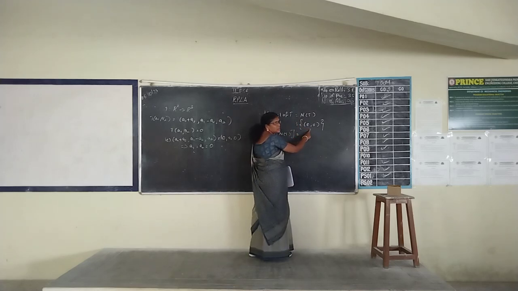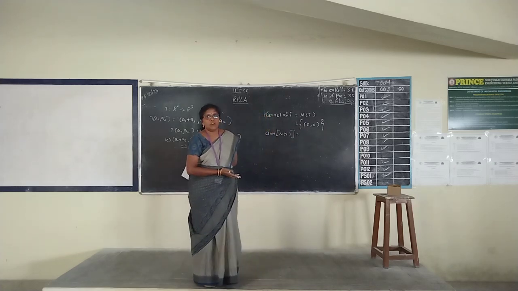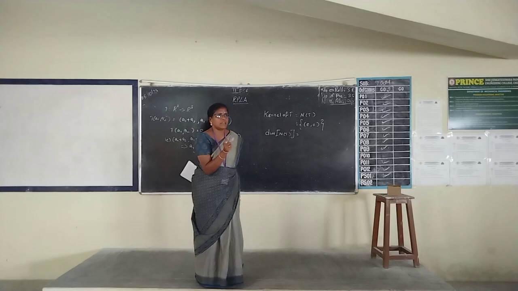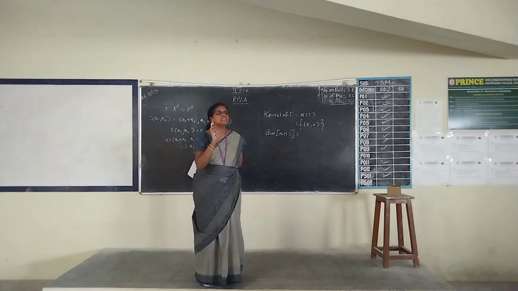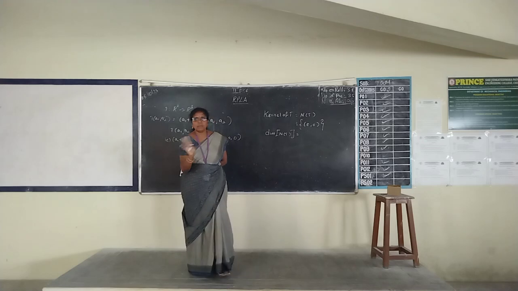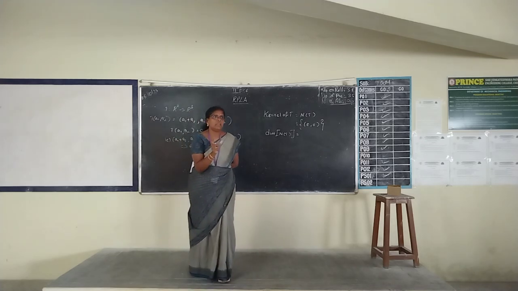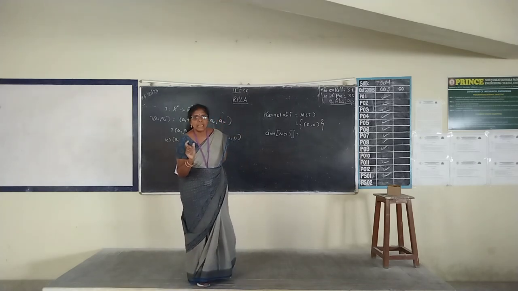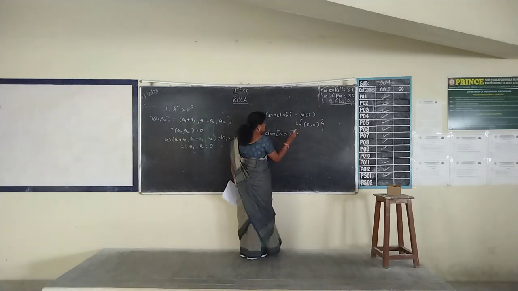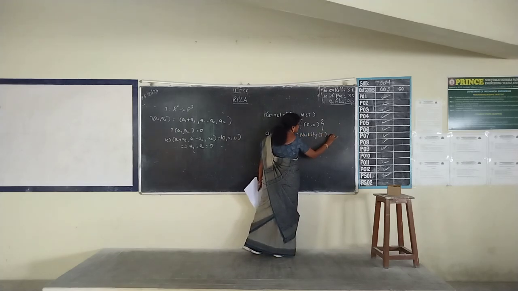Only one element. What type of element is this? The 0 element. Our set has only the 0 element, so its dimension is 0. The 0 element is not considered as an element for dimension. So dimension of N of T, which is nothing but nullity of T, will be 0.